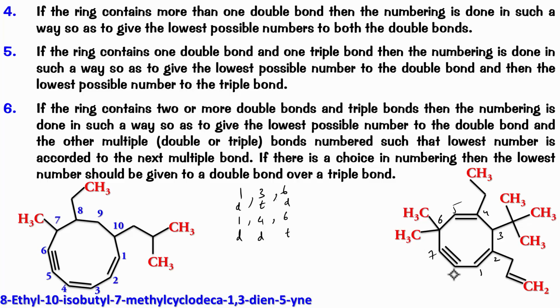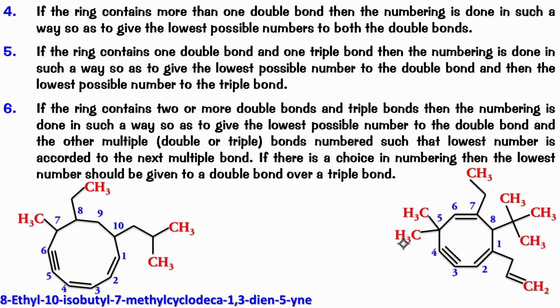This is even worse. Because the 1 I get 4. The moment I get 1 and 4, forget about the rest. It's going to be 1 and 3. So there's only one way of numbering this, and that is going to be this. And there are so many substituents. So let's now look at the substituents.